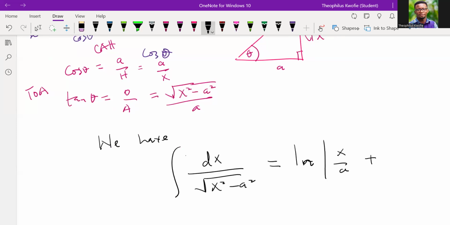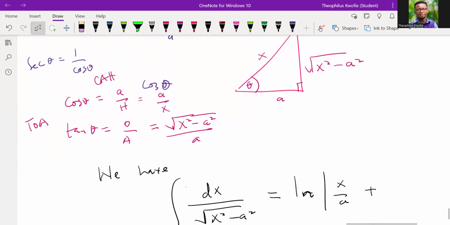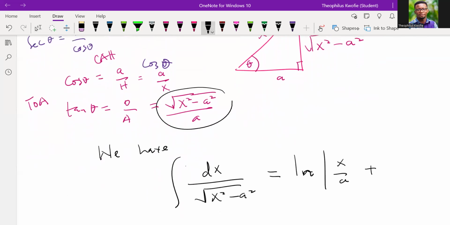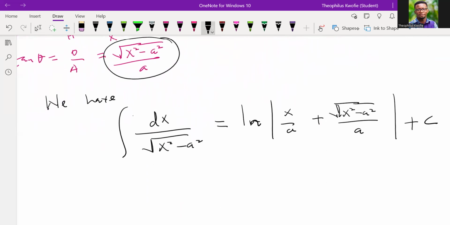And then our tan theta, that's what we had here, was the root of x squared minus a squared, all over A, plus C, okay? Now, you can simplify this.